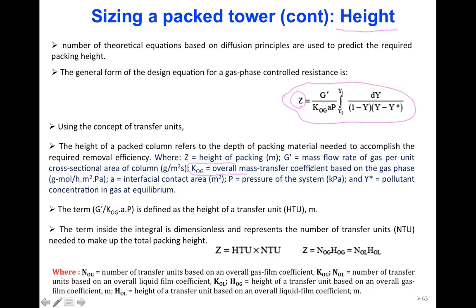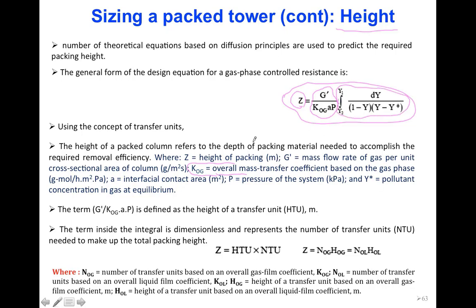So here we have the most important things that you need to know. In this equation, the height has two terms. This is my first term, and this part is my second term.